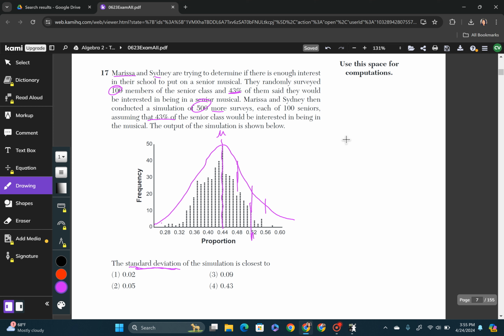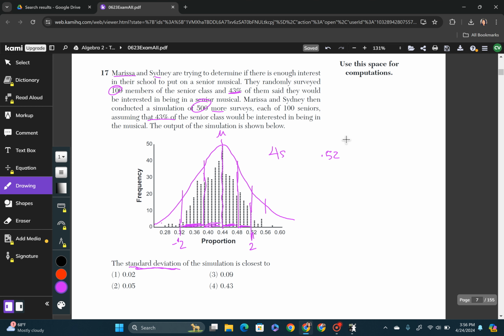And if I go on the other side, it falls about 0.32. So this is like positive 2 and this is like negative 2. This is our mean. Do you see that I can take this and divide it into 1, 2, 3, 4? So there are 4 standard deviations between 0.32 and 0.52.